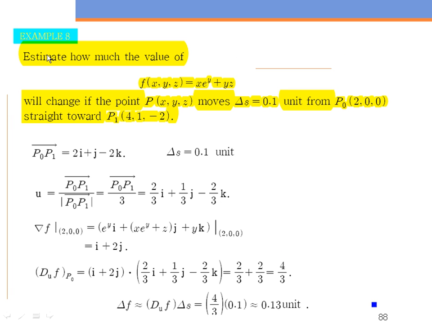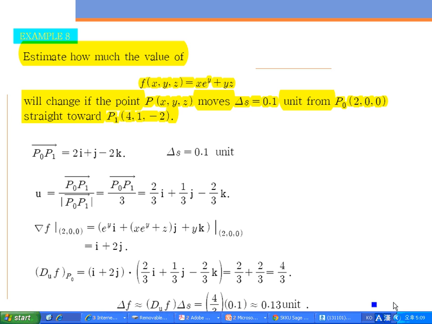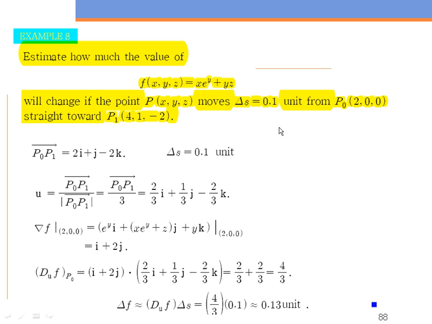Now estimate how much the value of this function will change if the point P moves delta s equal to 0.1 unit from this point to this point. Here, what we need is the unit vector of the direction from P0 to P1. So we subtract P0 from P1 to get a direction vector, and then normalize it to get the unit vector u.